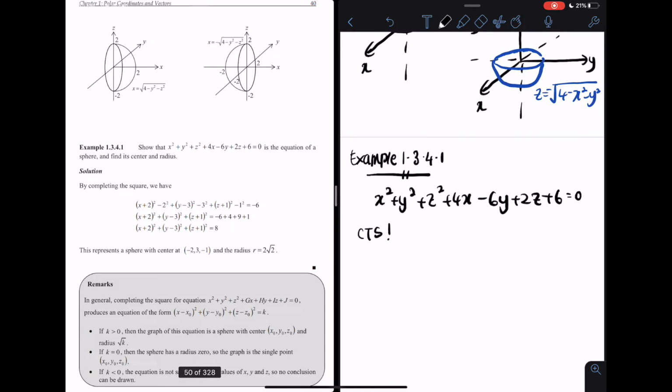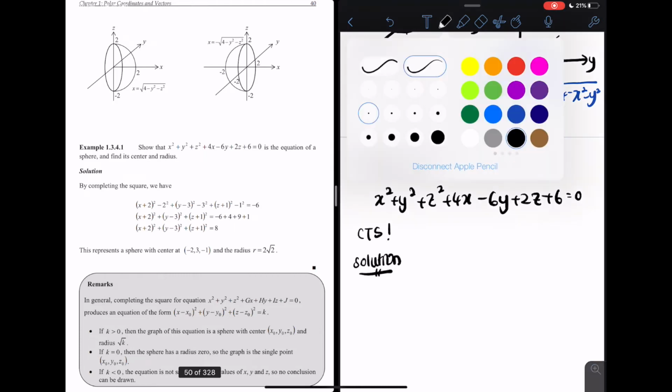So you have to recall how to perform completing the square, since this general equation involves three different variables. You have to perform completing the square three times. My idea would be to rearrange x with x, variable y with y, and variable z with z.